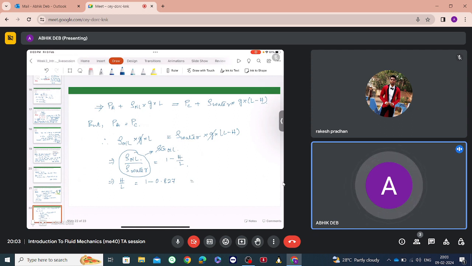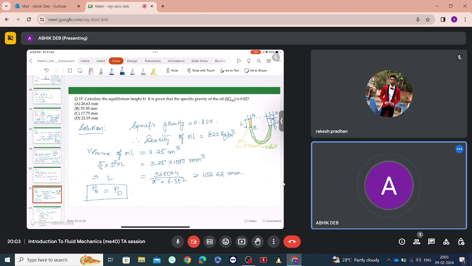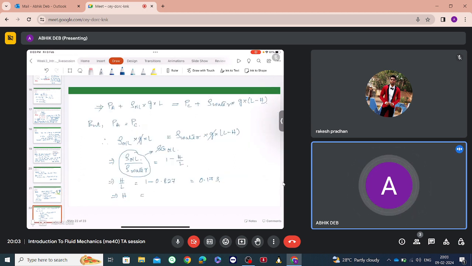So this is 0.173, and L is 102.62. So 0.173 into 102.62 is 17.75 millimeters, which is option C.